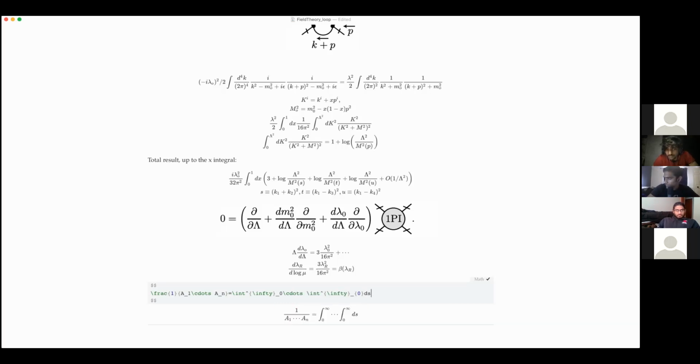So let me do it differently. Let's just do ds1 all the way to dsn of the exponential of minus s1 a1 and so on.